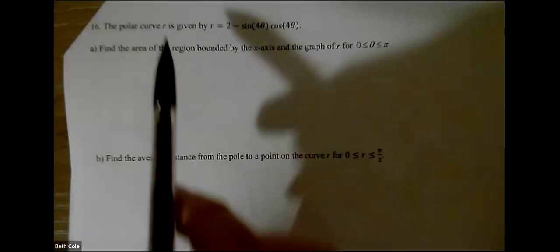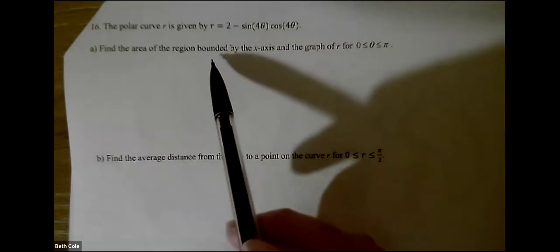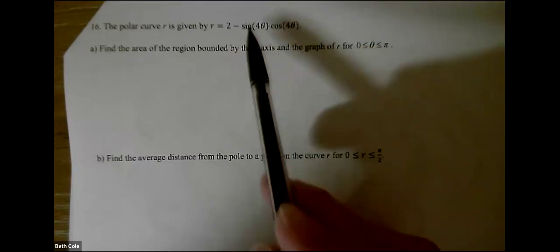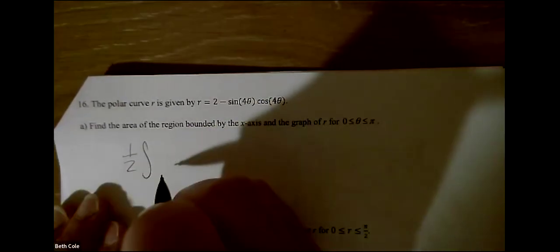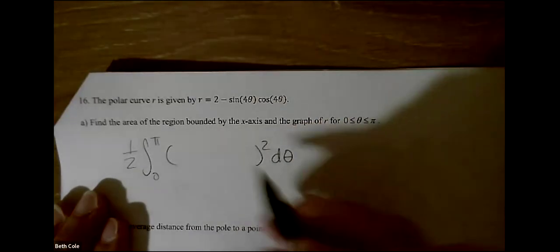And then we have our last free response. Polar curve R is given by this monstrosity. Find the area bounded by the x-axis and R from 0 to pi. All right, they gave us everything we need. We're just going to set it up and type it in the calculator. So 1/2 integral 0 to pi r squared d theta. Make sure you write on your paper what it is that you're typing into the calculator.